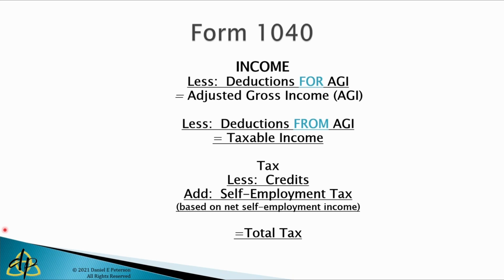From our federal taxable income, we look at the federal tax tables, married filing jointly, single, head of household, and we calculate our federal income tax. We subtract credits from that, and then we look to a different schedule to obtain what's called your self-employment tax.